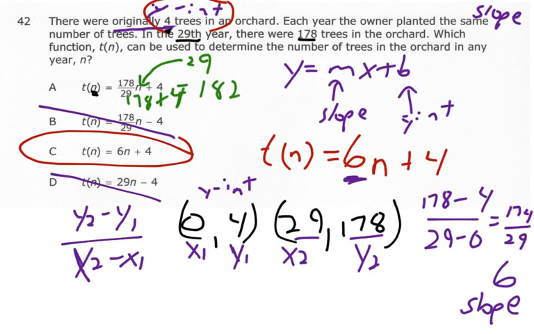Well, it says in 29 years it should be 178, so that's how I proved A wrong. But if I plug in 29 here, 29 times 6 gives me 174, and then 174 plus 4 gives me 178. So C checks, and it also works for the other ordered pair, 0, 4. If I plugged in a 0 for n, 6 times 0 is 0, plus 4 is 4, so that would be 0, comma 4. So it works on both accounts, so C is our best choice.